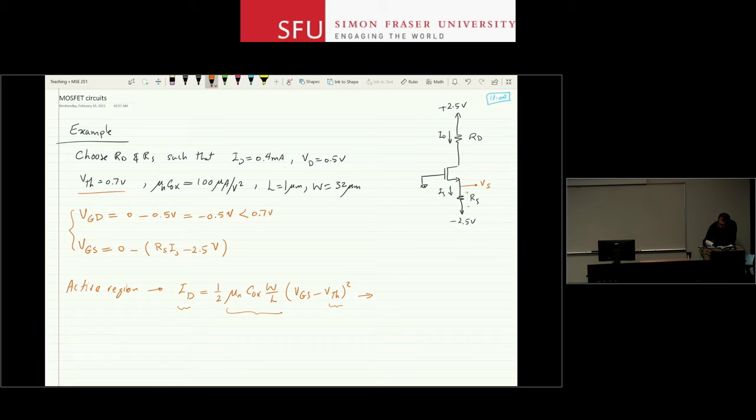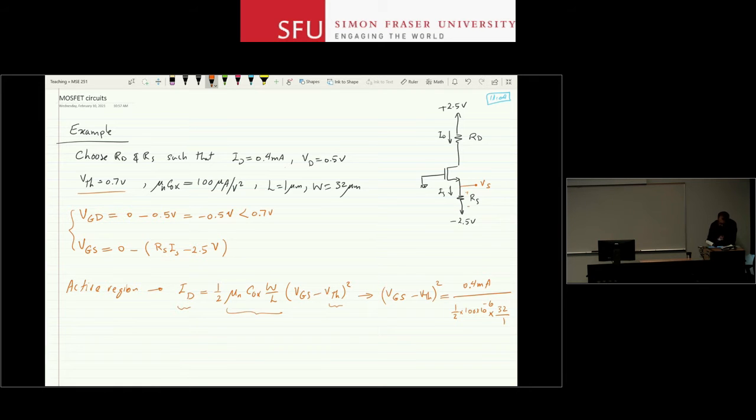So from here I can see that VGS minus VTH squared is going to be the current 0.4 milliamp divided by half mu N C oxide, which is 100 micro amps per volt squared, so times 100 times 10 to the minus 6, times W over L ratio, so that's 32 over 1.